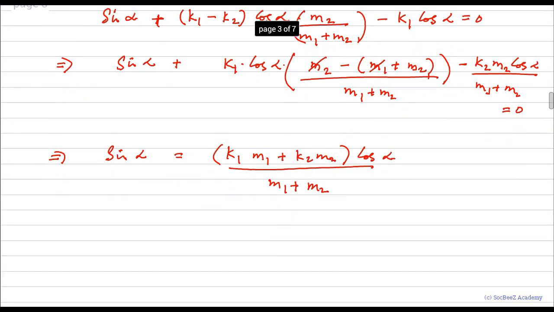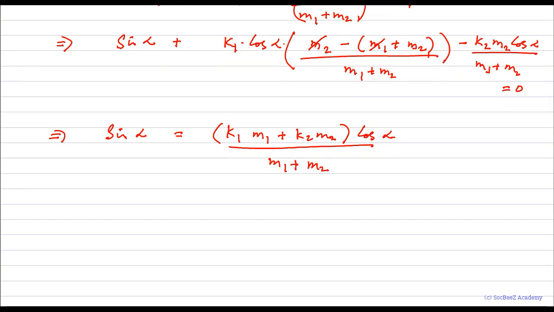Okay, so that gives me tan of alpha as k1 m1 plus k2 m2 upon m1 plus m2.